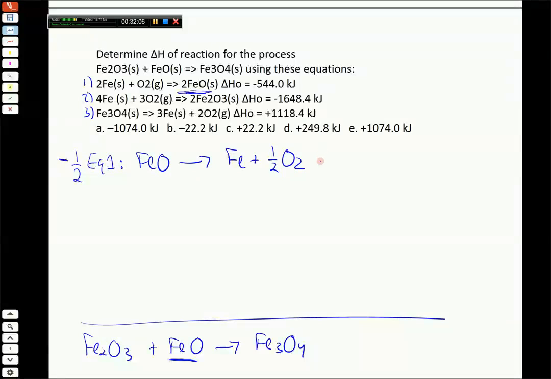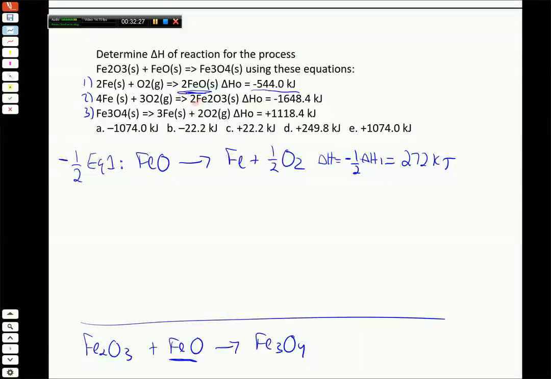And then the delta H for this is going to be negative 1 half times the first delta H, which is this negative 544 times minus 1 half, which is 272. Okay, so that's how I modified the first equation.